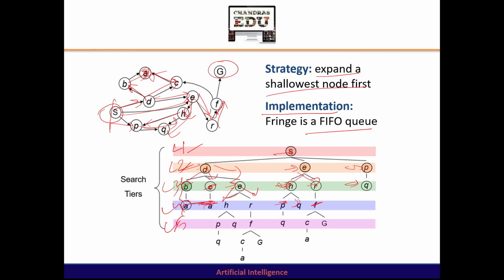And even these two, H and R, are also being covered. So when you go to Q, there is no further path, so it will not be expanded.